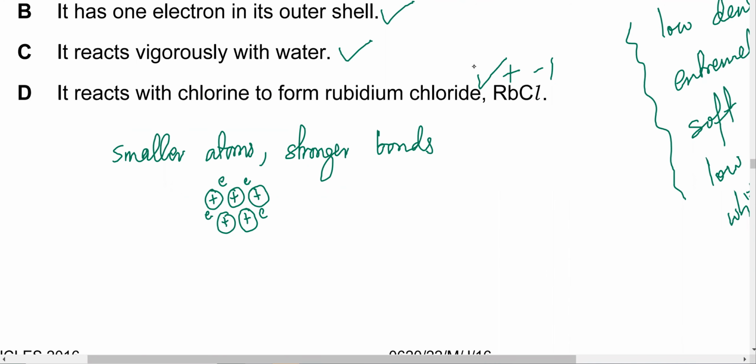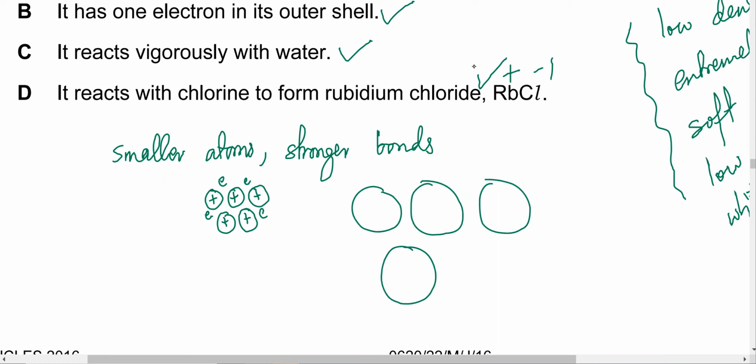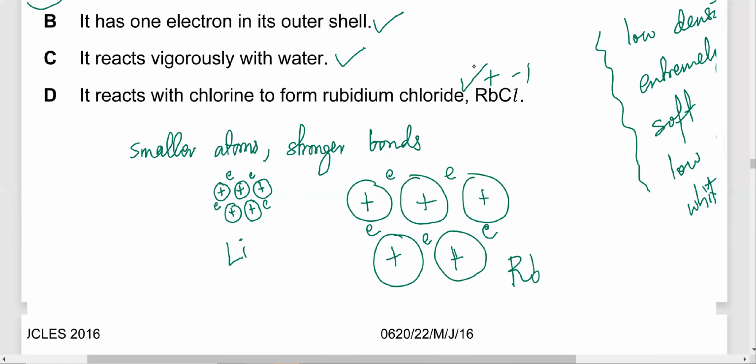Rubidium is much bigger in size. So rubidium would have exactly the same metallic lattice, +1, with a single electron that's delocalized. Every rubidium would lose 1 electron, right? So this is lithium, this is a rubidium over here.